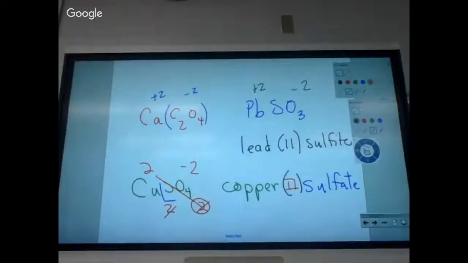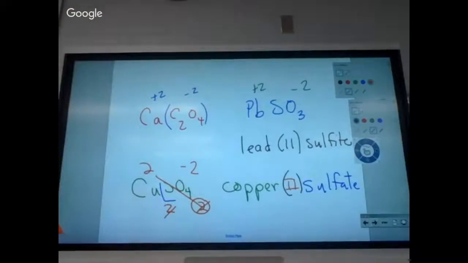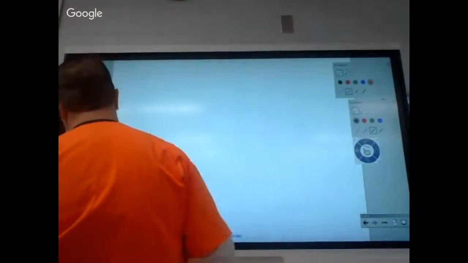Alright, anything else on that side? Alright, on the back. The odd numbers. Number 1, NH4 in parentheses with a 3, and then PO4. With the 3 where? NH4, put parentheses around it. Okay. 3 on the outside.